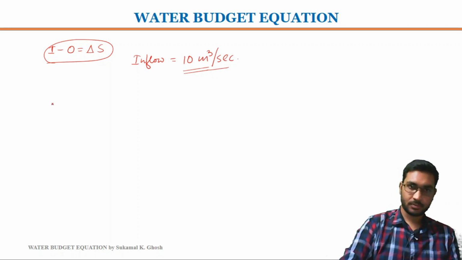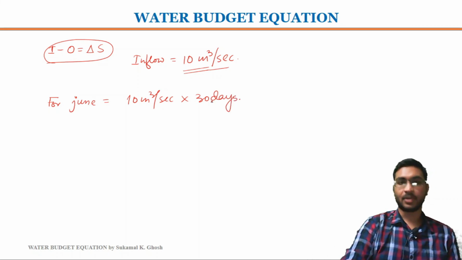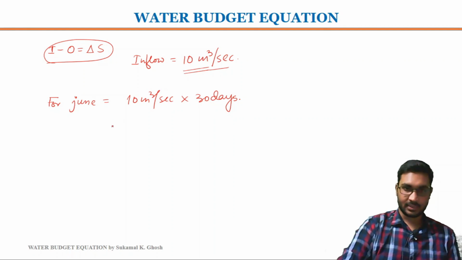For the month of June, the total inflow will be 10 meter cube per second into 30 days, because the month of June has 30 days.